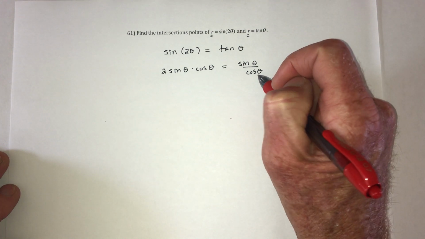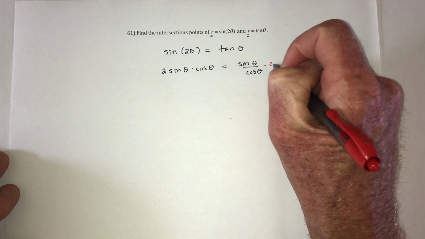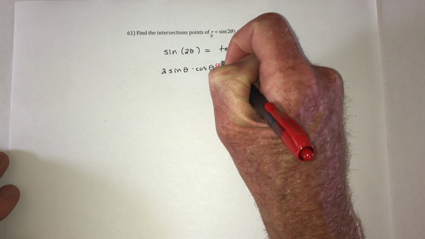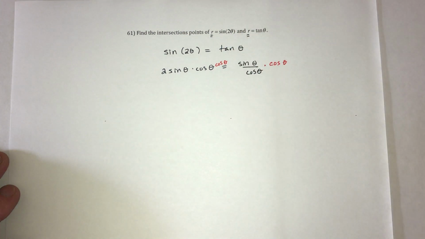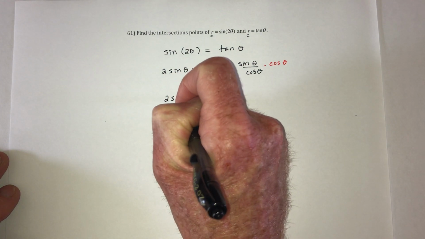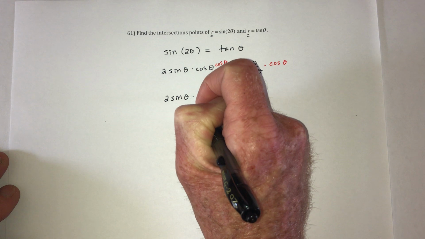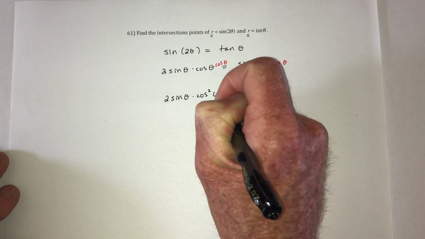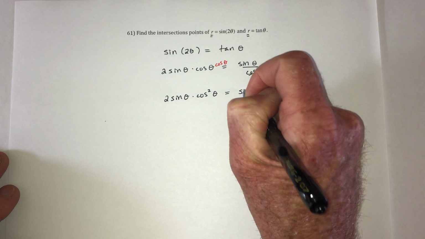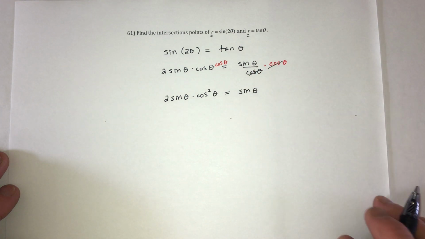Next, I want to get rid of this fraction right here, so I'm going to multiply both sides by cosine of theta. So the left side will have 2 sine of theta times cosine squared. And once these cancel, there's just sine of theta on this side.